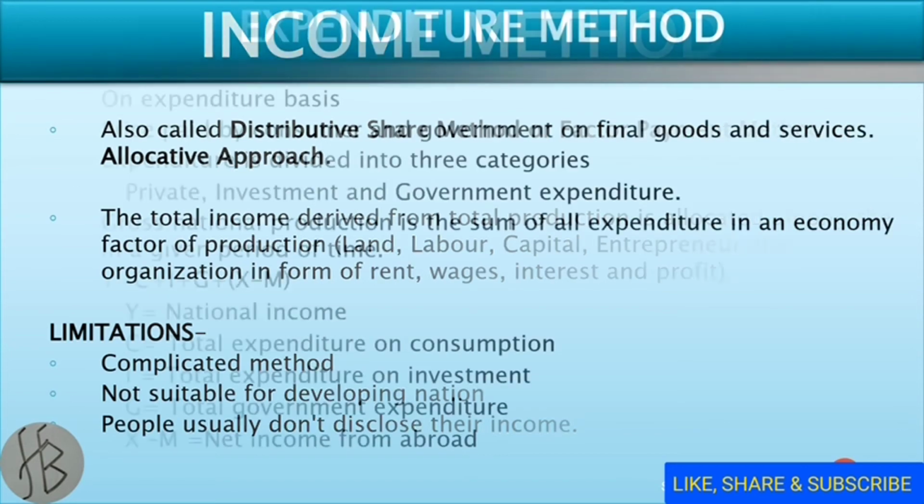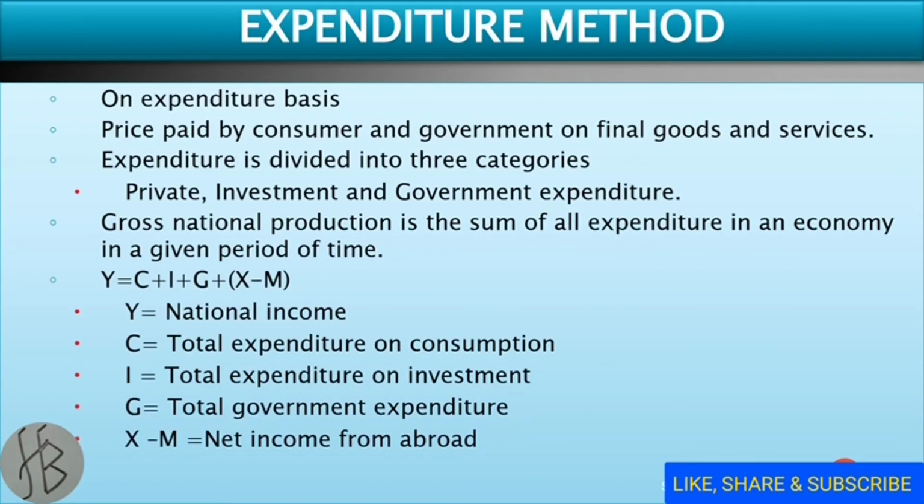Now we will study the third method, that is called the expenditure method. This method involves calculation of gross national production on the basis of expenditure, as the price paid by the consumer to the producer for goods and services is the income of the producer.